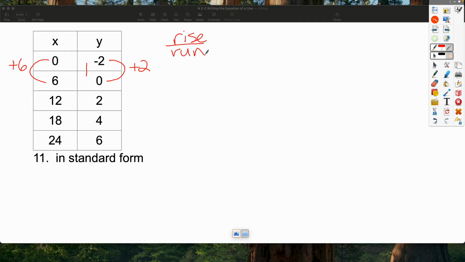So if my slope is rise over run, rise is up and down, so that's my y values over my x values. We're just gonna calculate our slope by how much we changed from one point to the other. So my y's up top are my rise, we went plus 2, over how much we ran, which was plus 6.